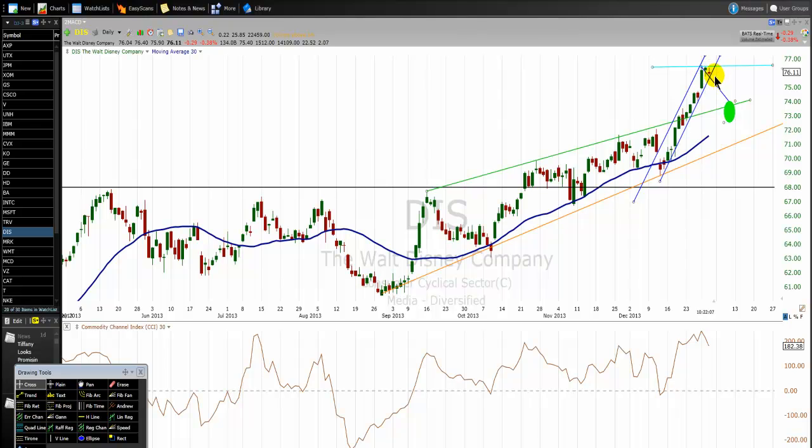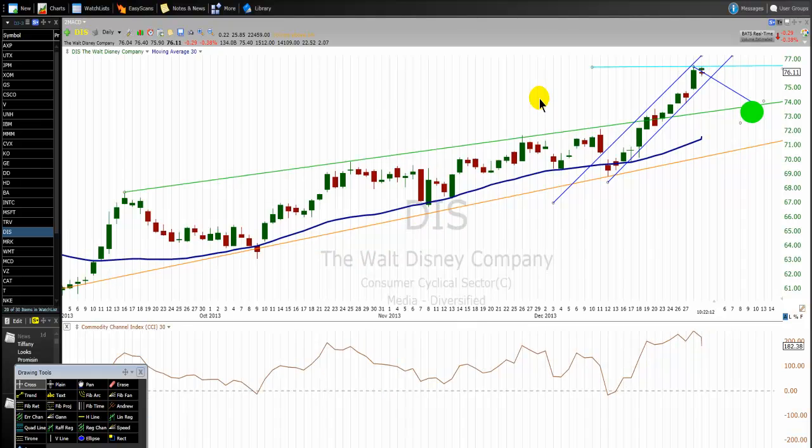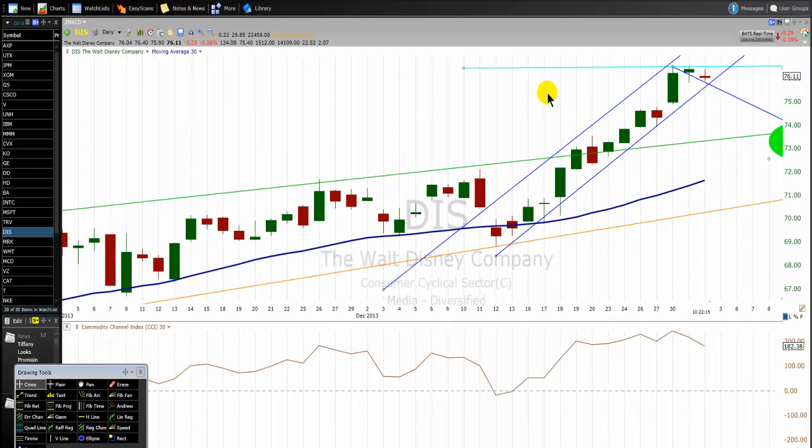As it is today, if you want to buy, by all means, but as it is now in this channel, you need to be very careful. If you buy like this, you need to watch it. In this scenario, if I'm bullish and I want to buy it, I will use the low of this candle here as my warning line.